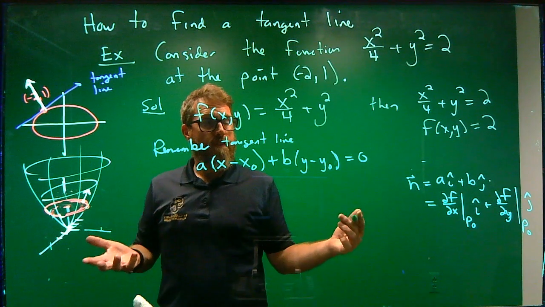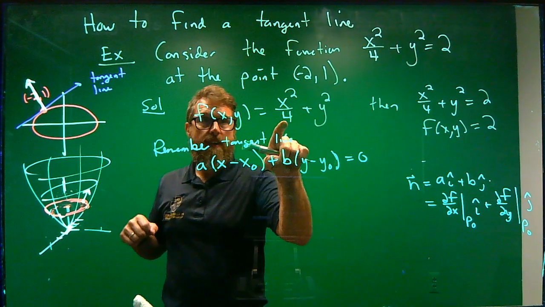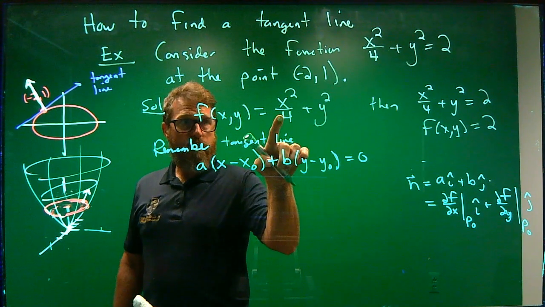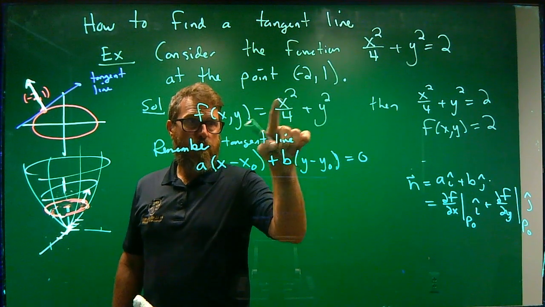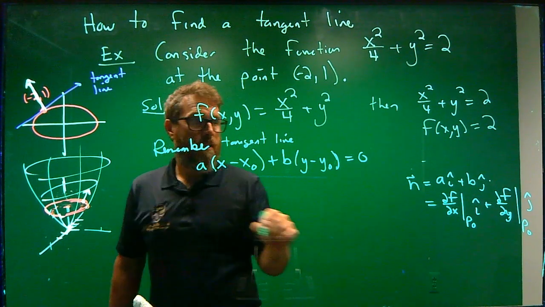So if I want to find df dx at this point, I have to find the partial derivative of this. The partial derivative of this is going to be 2x over 4, so this would be x over 2.